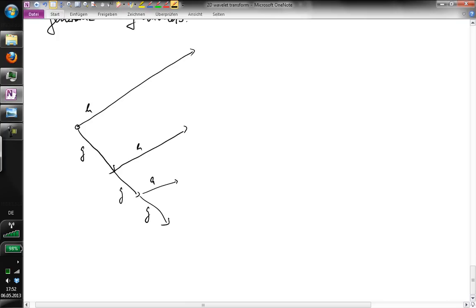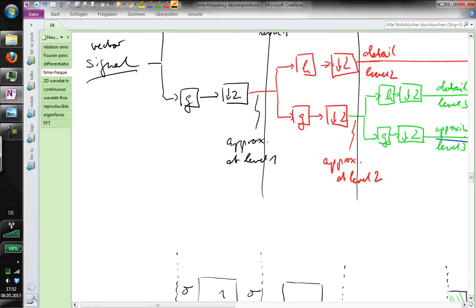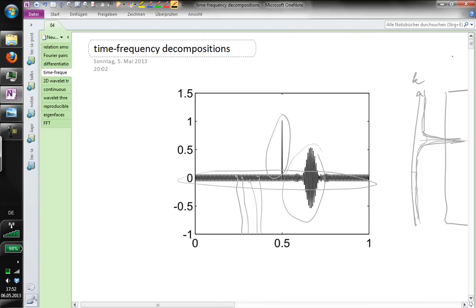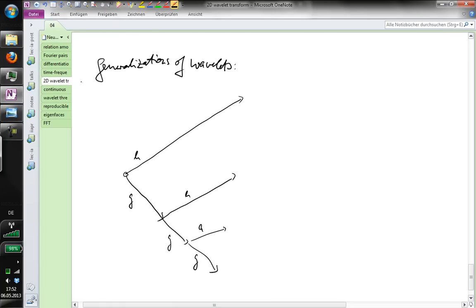However, coming back to my original motivation, or the picture that I showed at the very beginning of today's talk about wavelets, the kind of partitioning that I've shown just now is not necessarily optimal for a signal like this one. So it seems attractive to adjust this tree of filter banks to the signal. And that is indeed done for so-called wavelet packets.